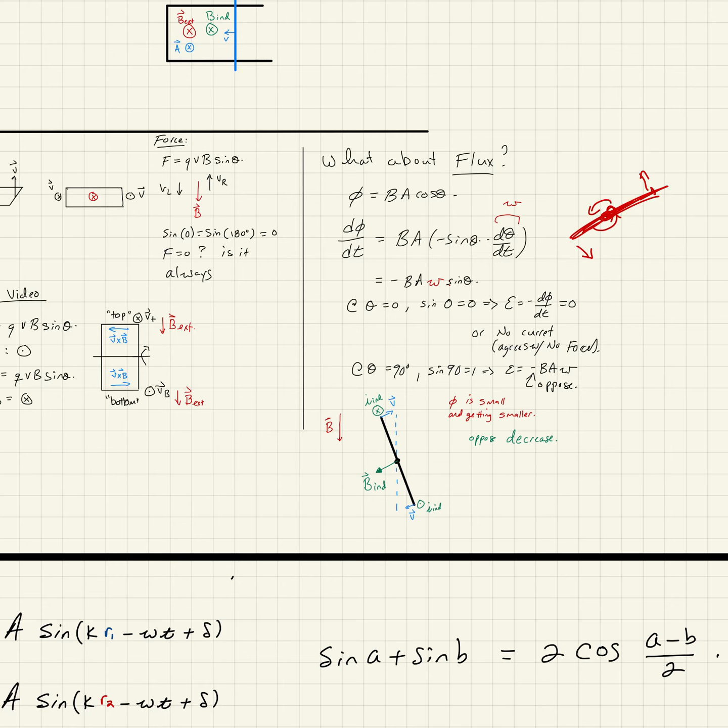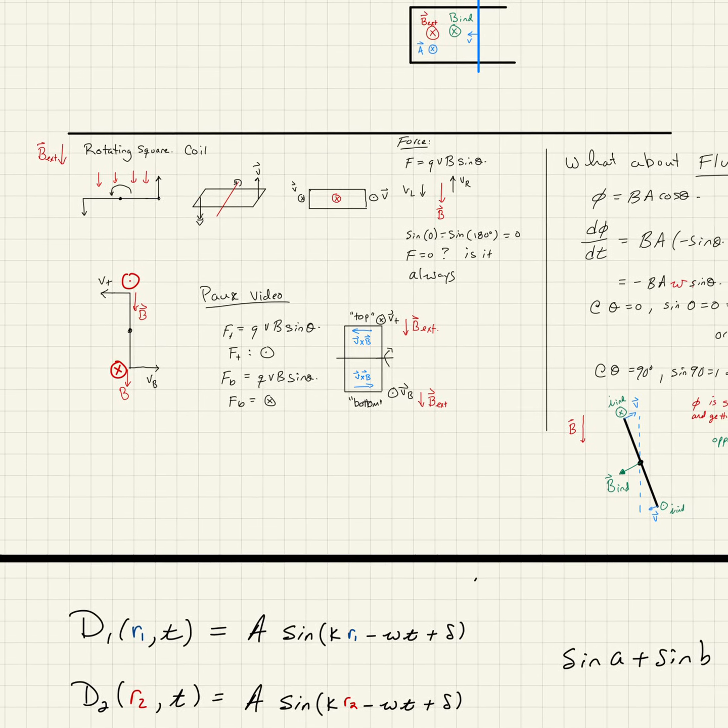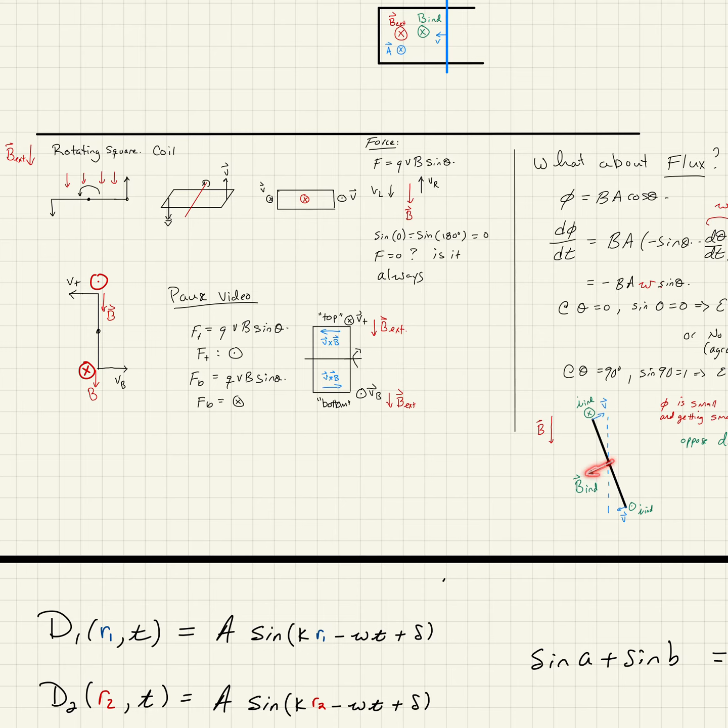But how is the B induced going to get created? The B induced is going to get created because of current flowing, right? So if current is flowing through this coil, it's going to create a field coming out of the center. That field has to be perpendicular at the center of the ring to the loop itself. So yes, I would like the B field to just be that way, but I don't have a choice.